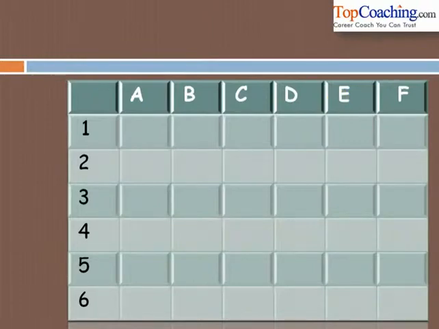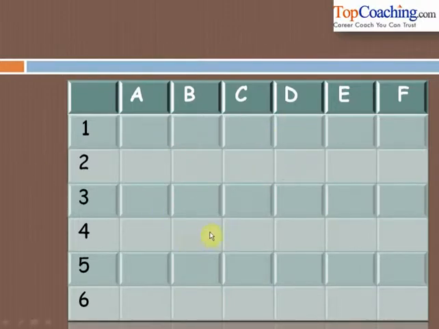Now let's try to look at a game. This is a rectangular table in which A, B, C, D, E, F represent the columns of this table, and 1, 2, 3, 4, 5, 6 represent the rows of this rectangular table. Now let me tell you the rules of this game.